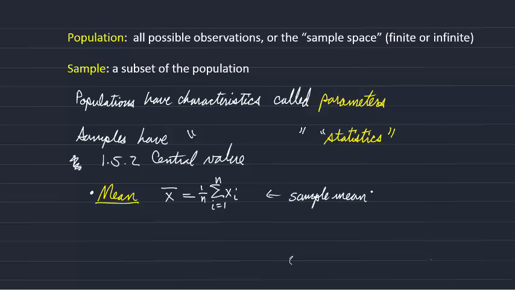And the population mean, we'll denote as mu. We'll use Greek letters when describing parameters of the population and normal letters for describing statistics. And we'll use capital N for the number in the population. And again, we have to sum all the values in the population of the quantity X. And this is the population mean.